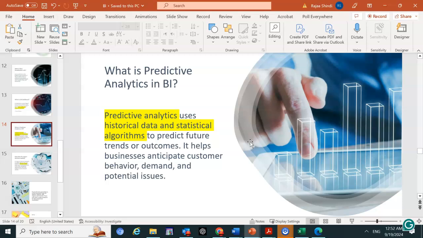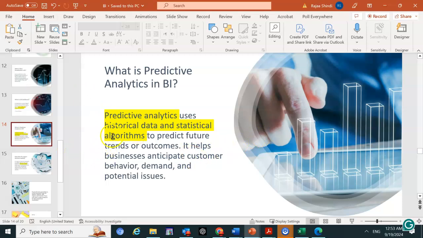You base your decisions on all this historical data and the statistical algorithms to come up with a kind of predictor. In Excel, we are even going to use an Excel tool to do some predictive analysis, and it can give us an indication of what the future trend would be.